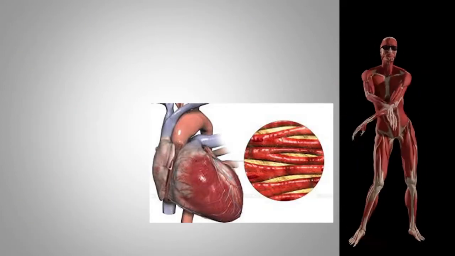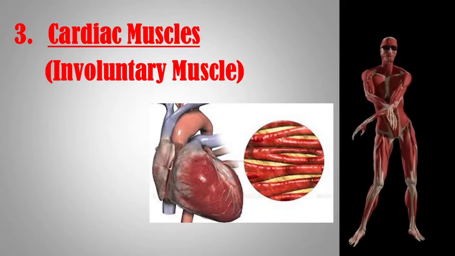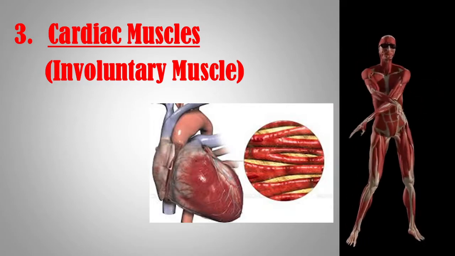Okay, then we have the third, which is the cardiac muscle. The cardiac muscle is another involuntary muscle. This muscle doesn't stop working, it continues working without our knowledge, even if we're sleeping. This is the muscle of the heart, the cardiac muscles.